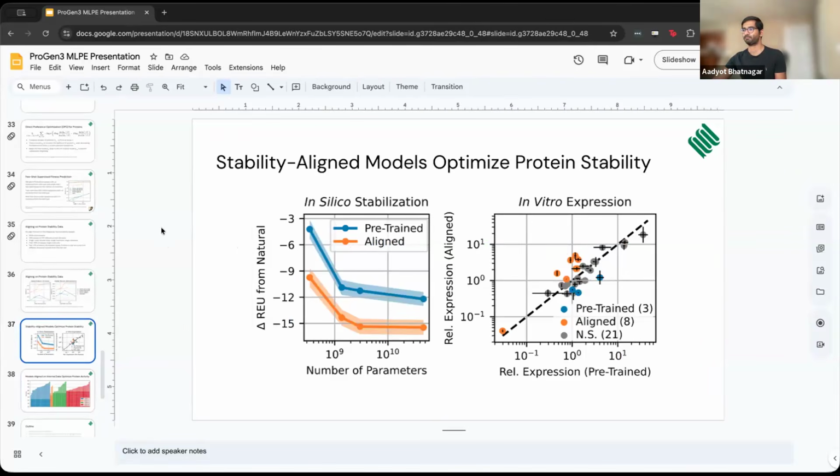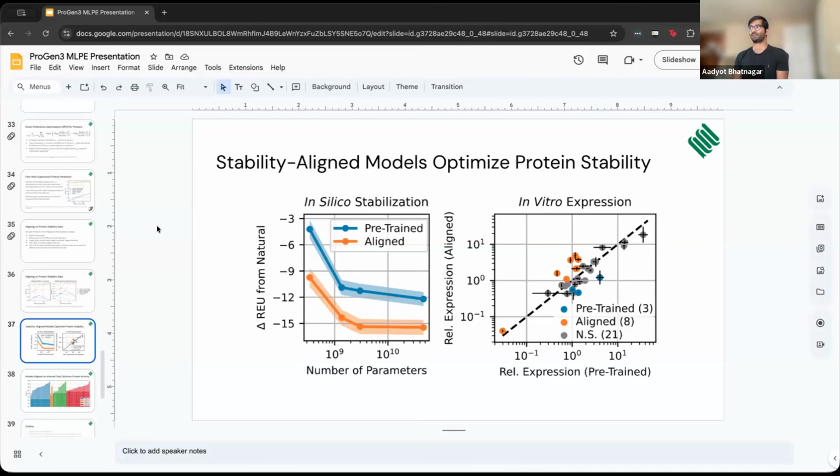Okay. Yeah. So generally I was trying to understand, you're going in the larger direction, right? Is there a trade-off between going larger versus sticking to family-specific sequences and generating more around the natural space? Does it help you generate faster rather than going larger and larger?